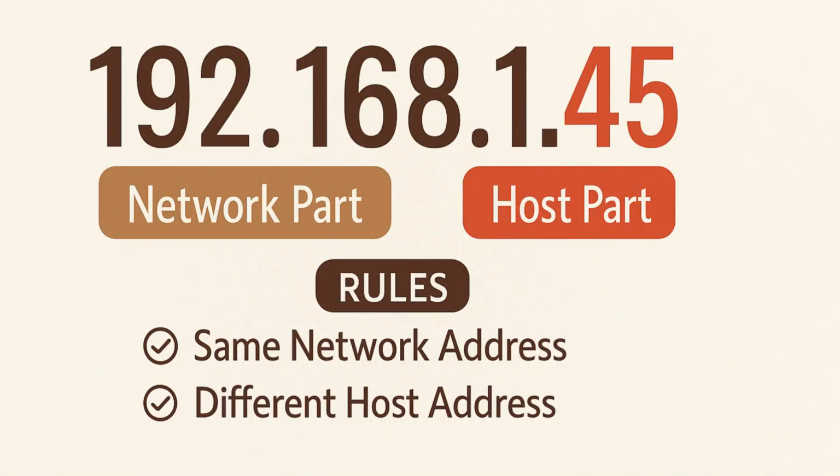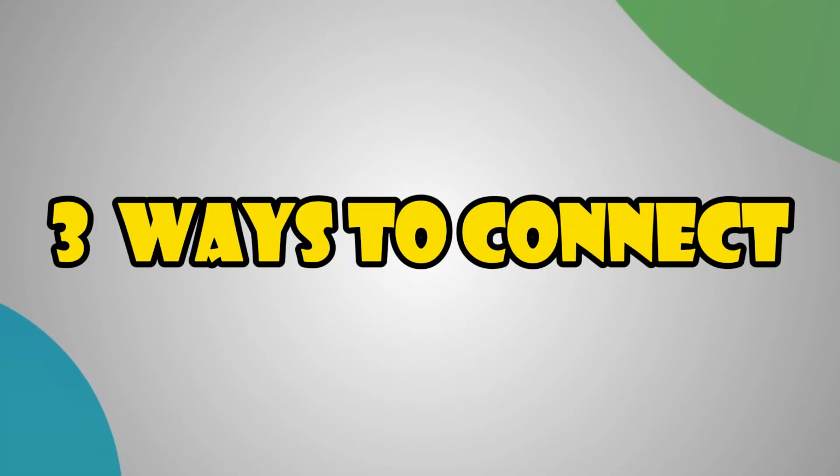Okay, so I'll firstly start this tutorial by explaining what IP address version 4 entails: the first part, which is the network part, and the second part, which is the host. I'll be showing you 3 ways you can connect, either by connecting to a wireless network, which is Wi-Fi.